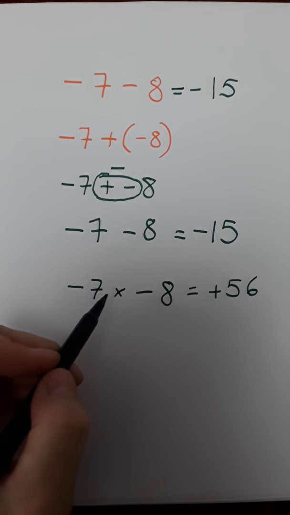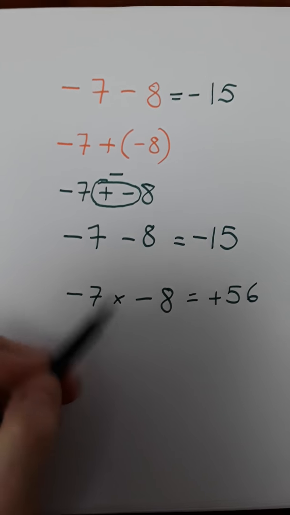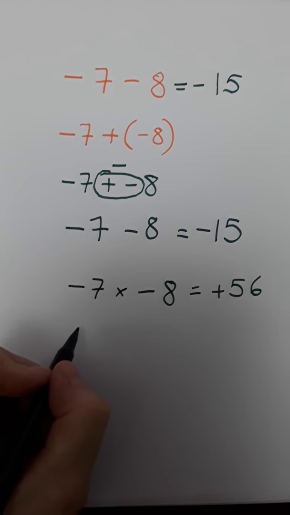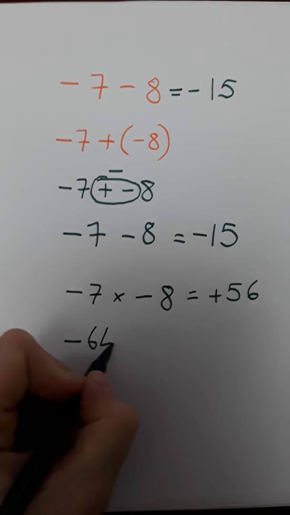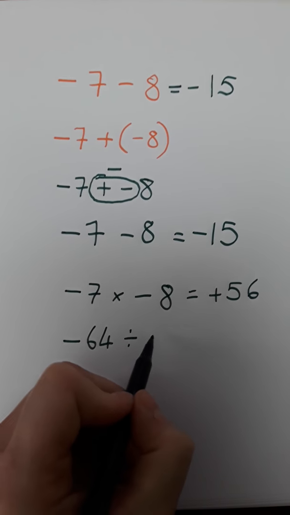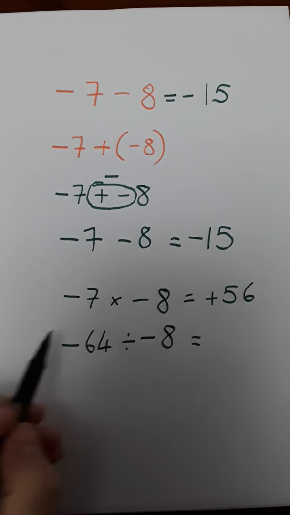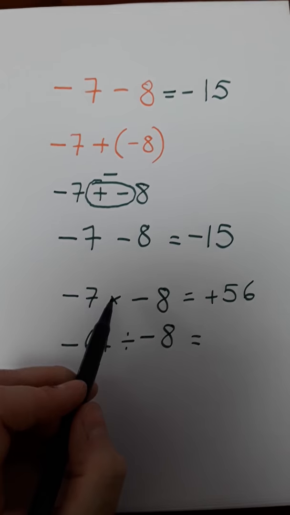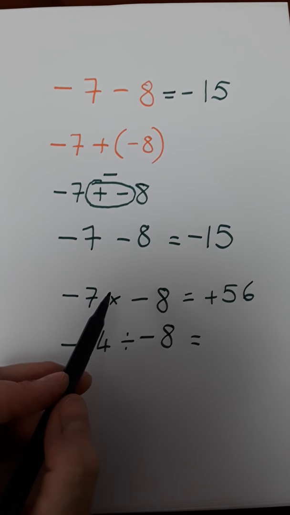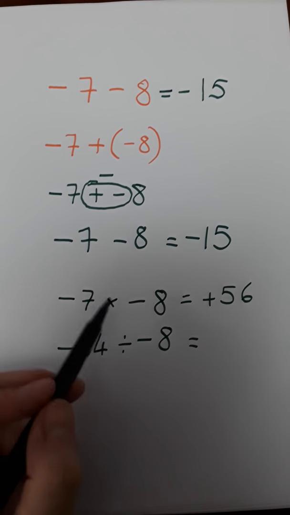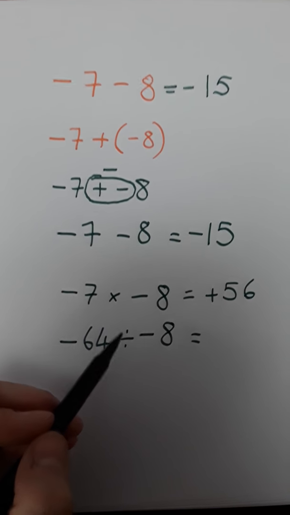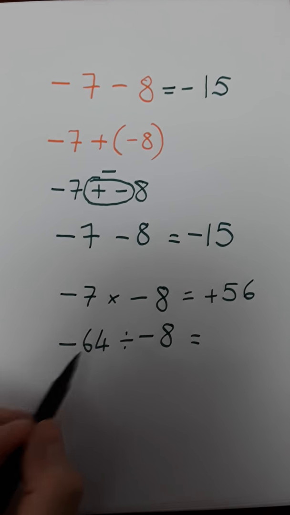Dividing also is just the inverse or the reciprocal of timesing. So if you had, for instance, -64 divided by -8, well, here, because they are essentially the same kind of sum, but one is backwards, like the inverse or the opposite of the other one, they still have the same relationship.